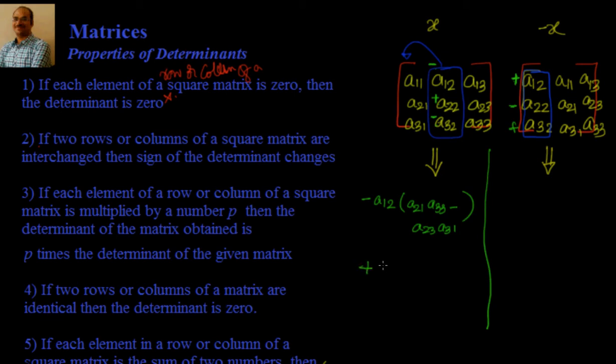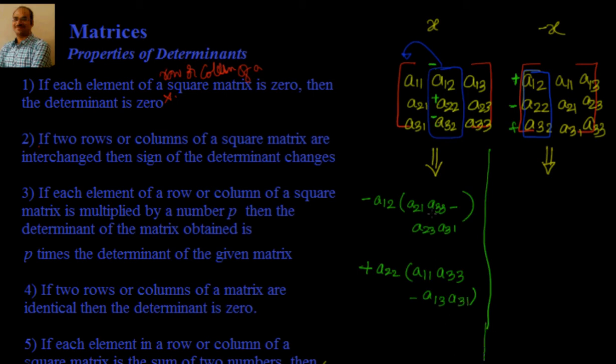The second term will be plus A22 into (A11 A33 minus A13 A31). Fine.